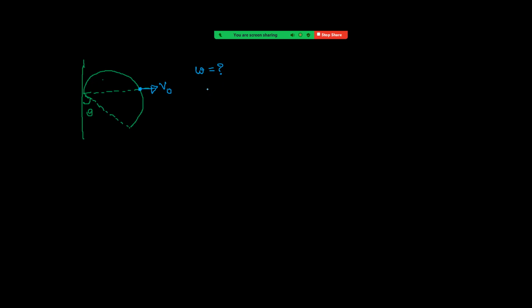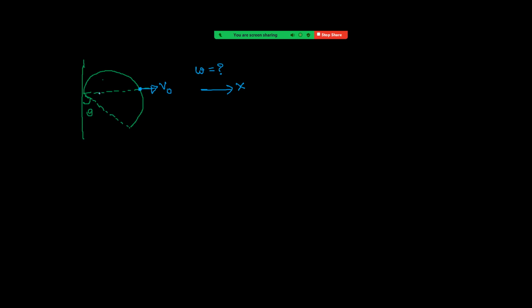Let us take this horizontal as the x-axis. So here only the x coordinate is changing because it is moving only horizontally. Let us consider now what is the x coordinate here.